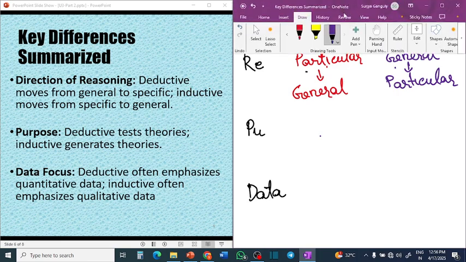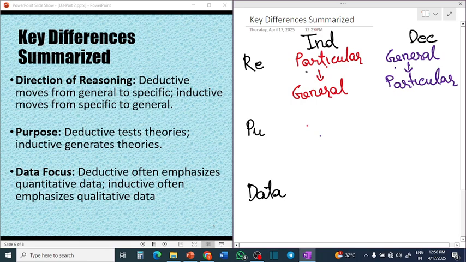Now we will look at the second point. What is the purpose of doing this test? In the second one, we have made a theory that all the cats like milk. So in inductive research, the purpose is making theory.